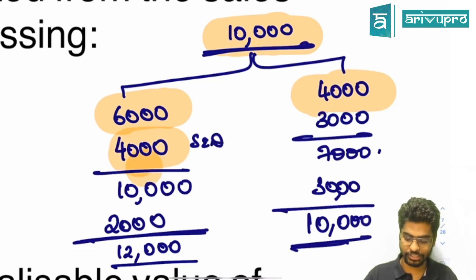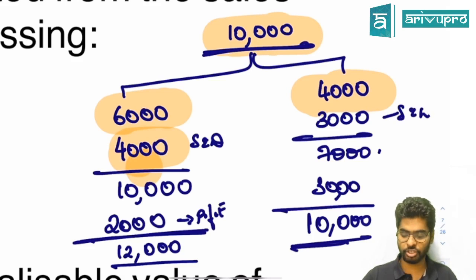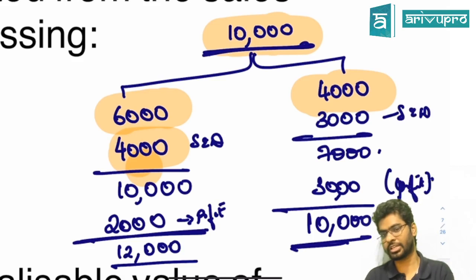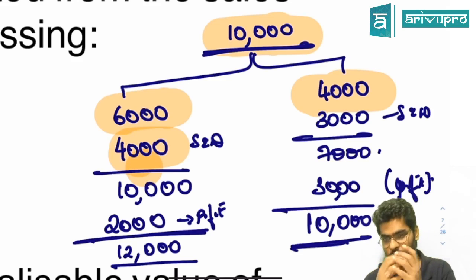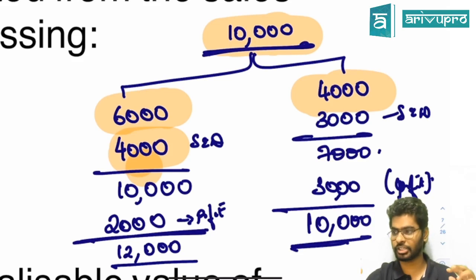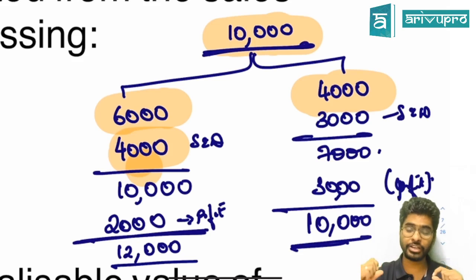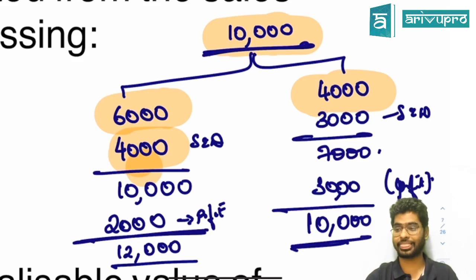Let's say this is selling and distribution cost, this is my profit, and the same selling and distribution cost and profit for the other. Now, the net realizable value at the split off point means that when you divide your common cost into both products, whatever the selling price is at that point, that is how much you would get by selling it. That becomes my net realizable value at the split off point.